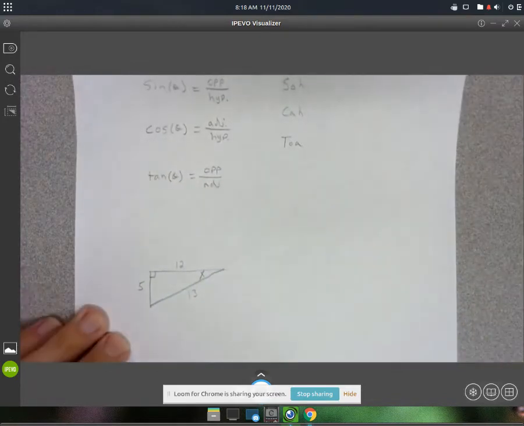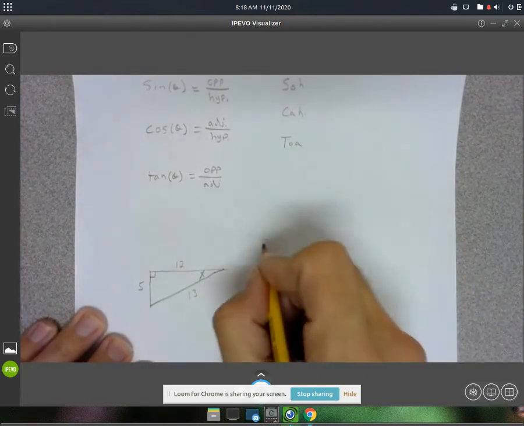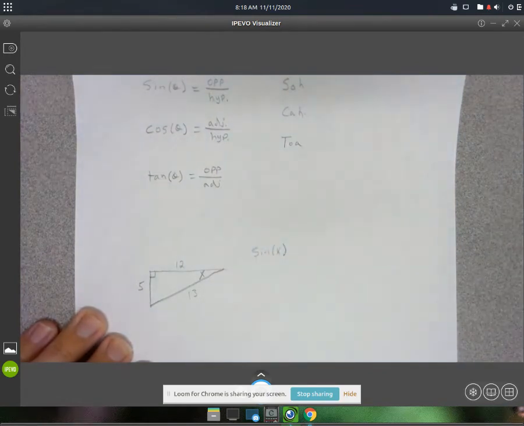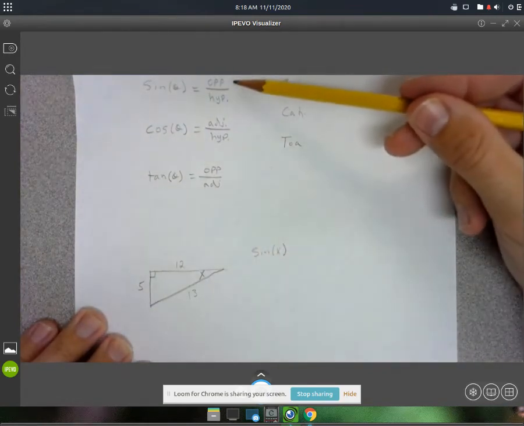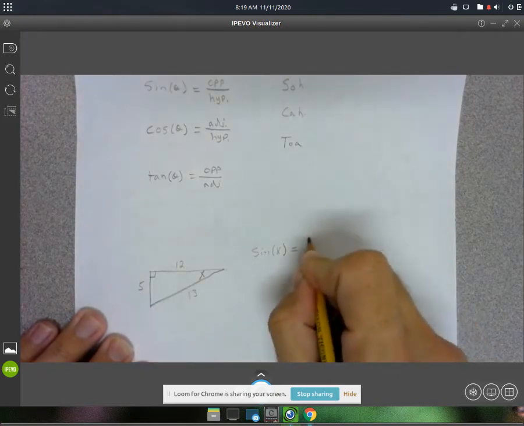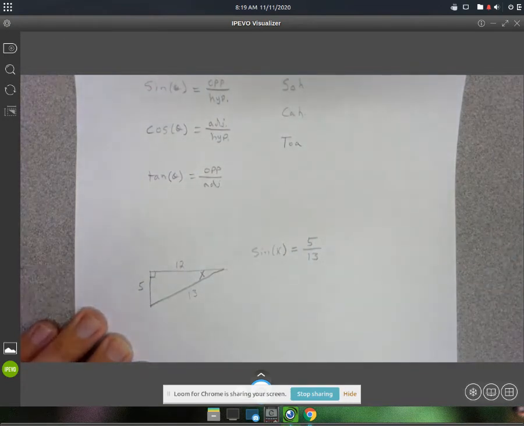I'm looking from x's point of view. If I want to know what sine of x is, sine is equal to the opposite over the hypotenuse. The side opposite x is this 5, and the hypotenuse is 13. So sine of x is just 5 over 13. It's just a fraction.